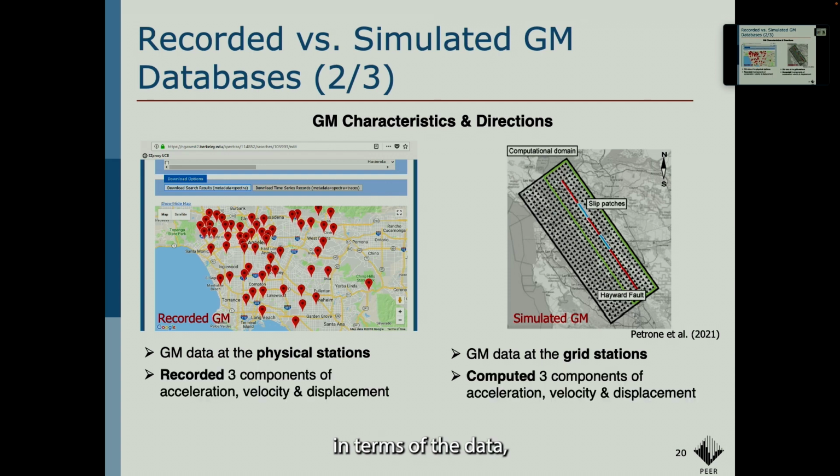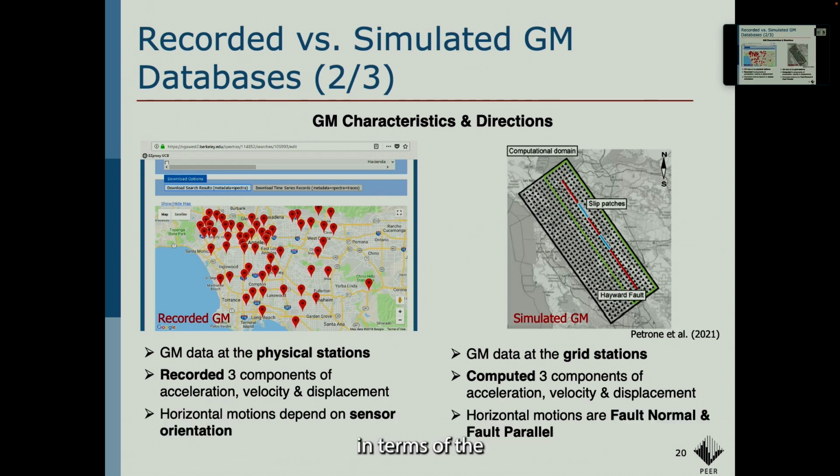In terms of the data, we have seen that users want acceleration, velocity, and displacement. And obviously we have the three components, two horizontal and one vertical, recorded in NGA, and those are computed in the simulated data set.